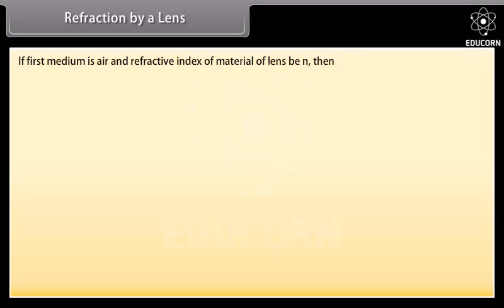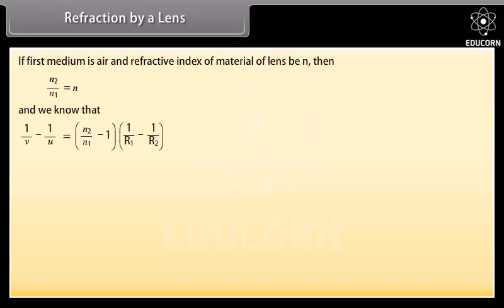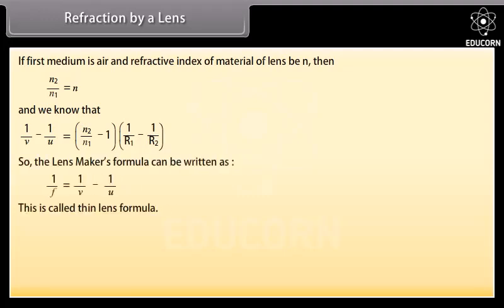If the first medium is air and refractive index of material of lens be n, then N2 upon N1 is equal to n. And we know that. So the lens maker's formula can be written as. This is called thin lens formula.